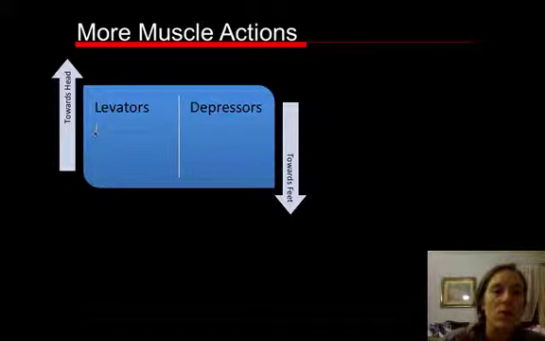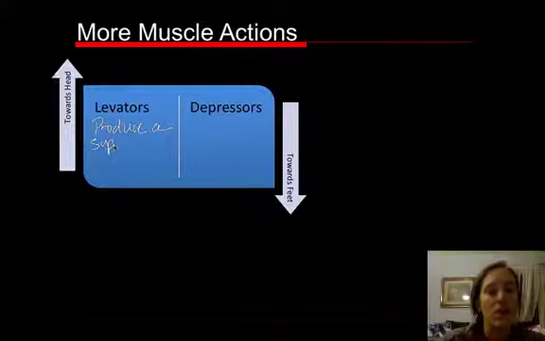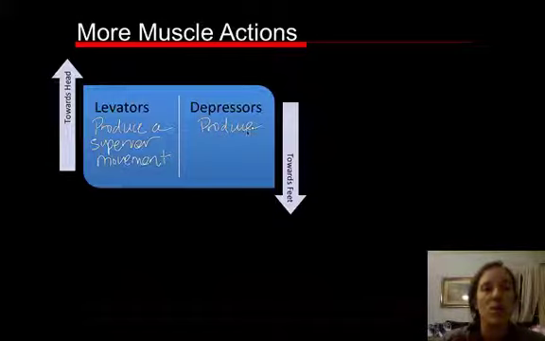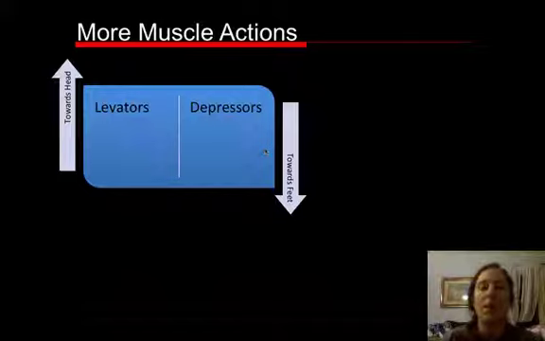So they produce a superior movement. And the converse of that is going to be the depressors, and those are going to produce an inferior movement. Okay, so levators, superior, depressors, inferior.